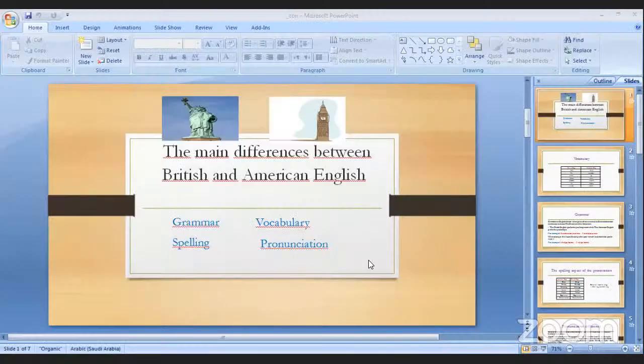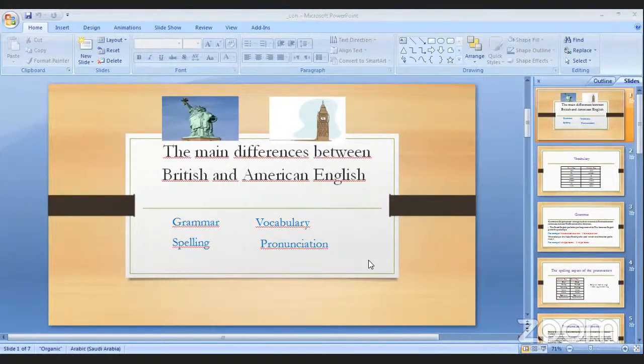As we talked in the last lecture, we differentiated between British and American English. Some people say there are no essential or main differences, but we can say that there are some differences between them. The Americans cannot simply use the British, or the British the American.